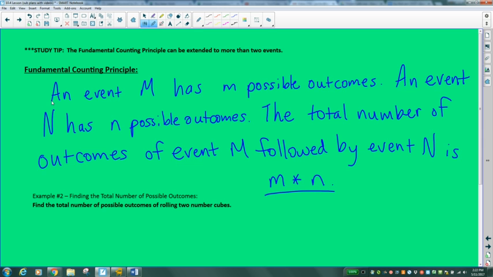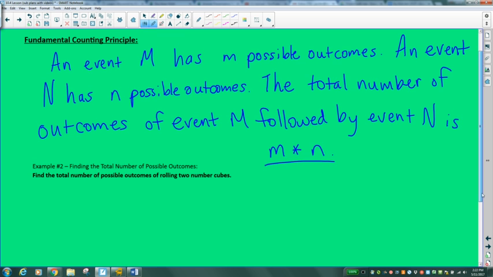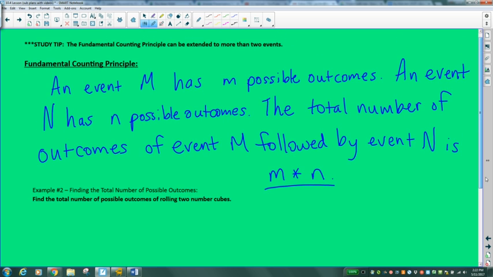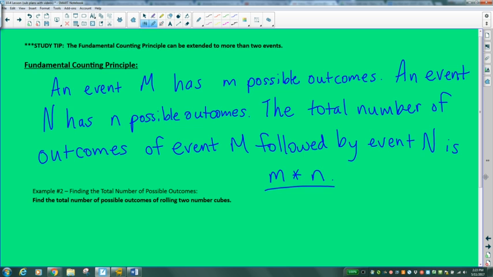So let's try it. Example 2. Find the total number of possible outcomes of rolling 2 number cubes. Okay? So we have to think about that. We're rolling 2 number cubes.